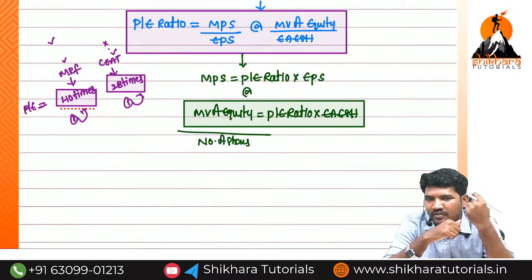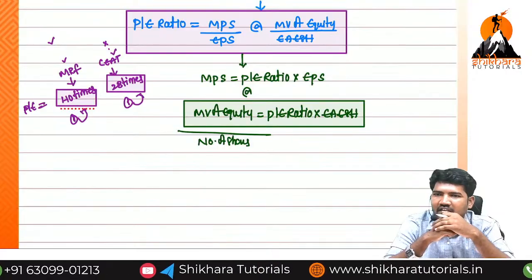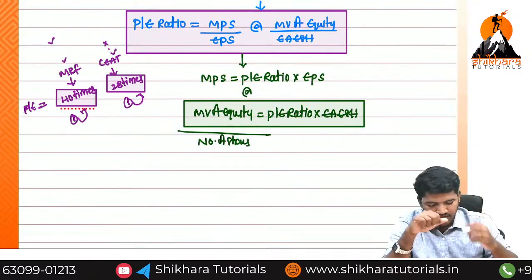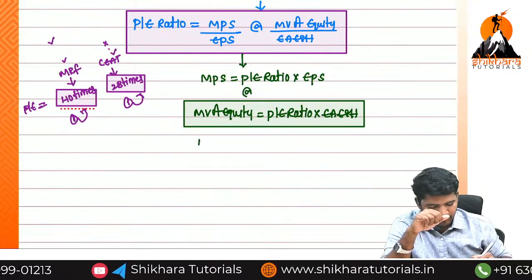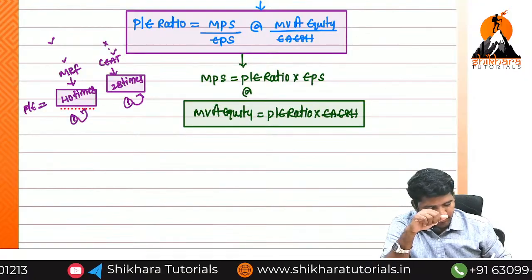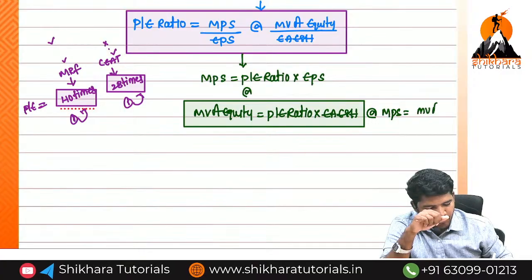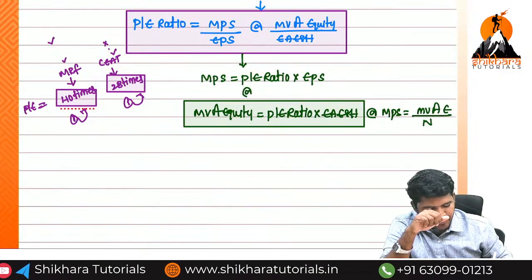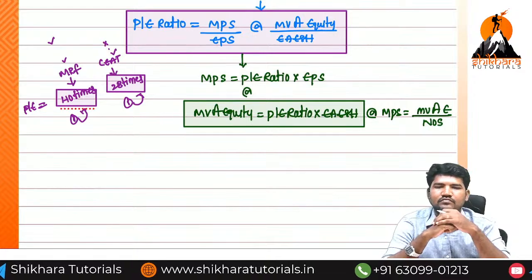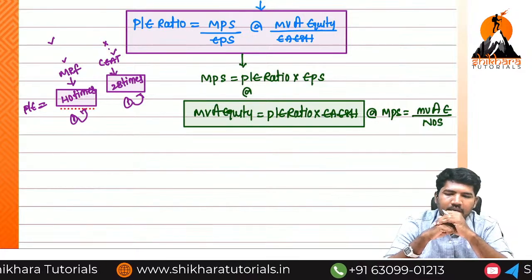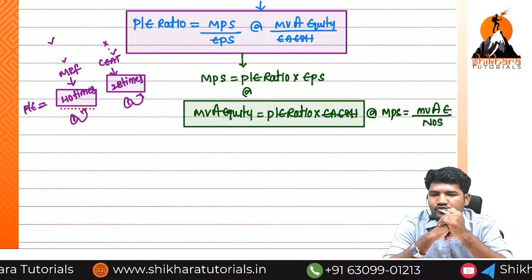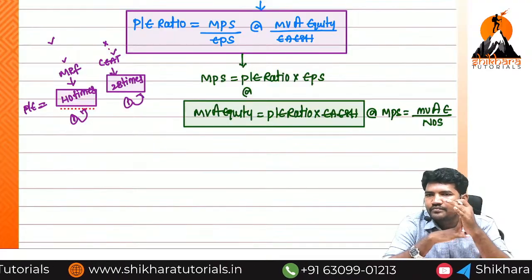If you know one thing, you can easily find out anything. Guys, clear? MPS equals market value of equity divided by number of shares. So this is about the PE ratio point of view.